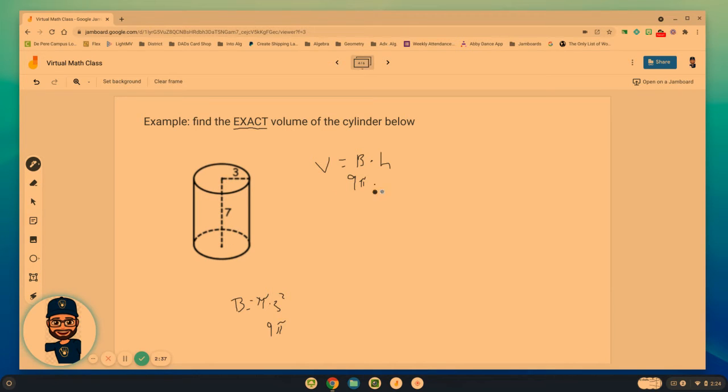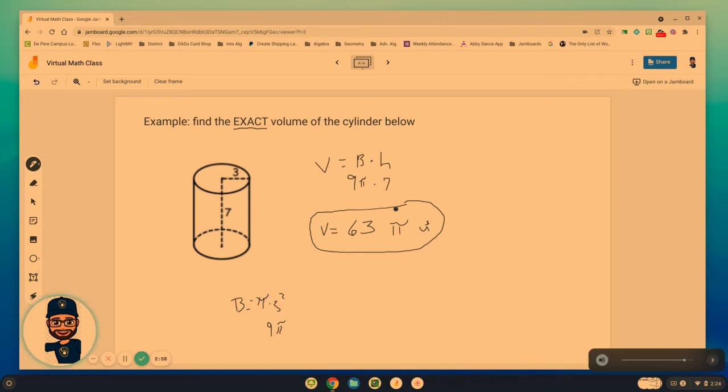Middle to middle is 7. If we multiply those, our volume will equal 9 times 7, which is 63 pi units cubed. We'll just go U cubed for units cubed. 63 pi cubic units. So it's really just practicing finding the area of a circle.